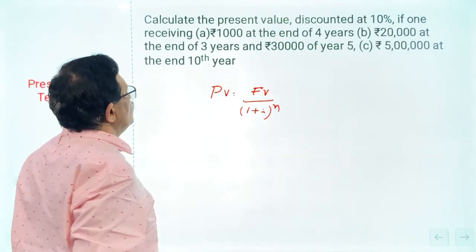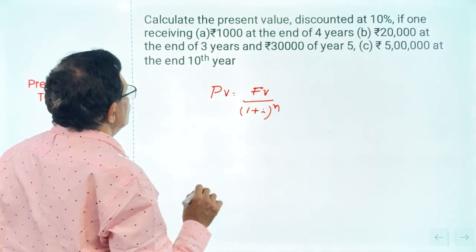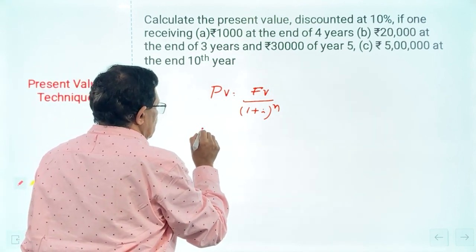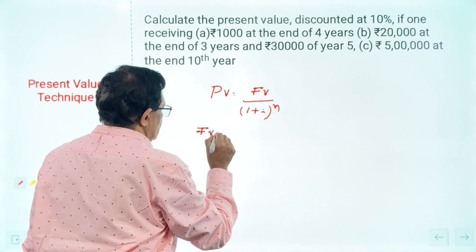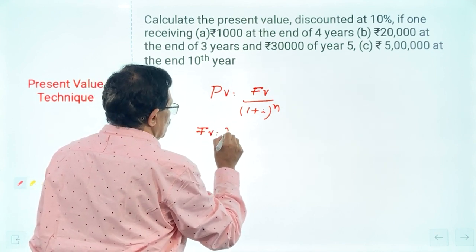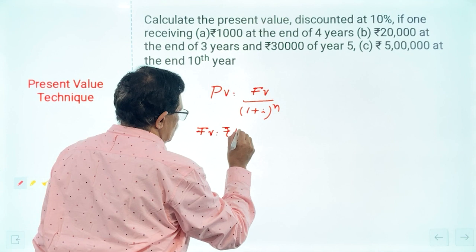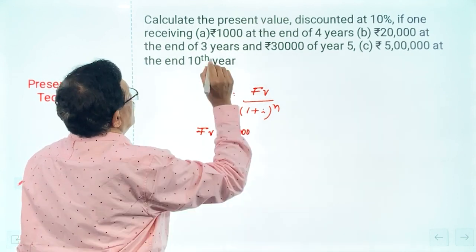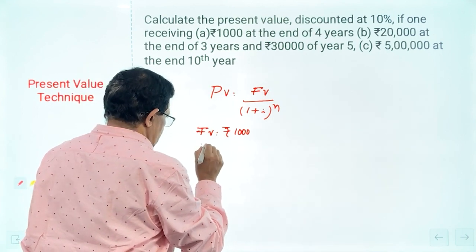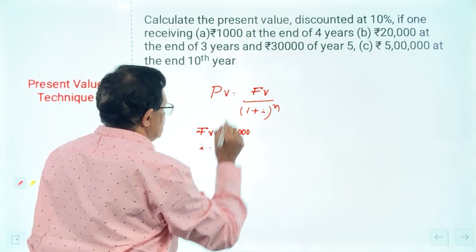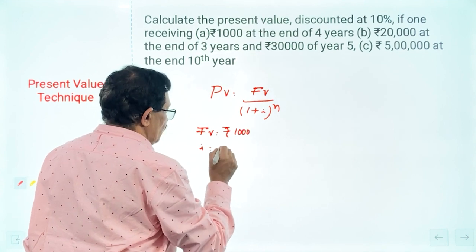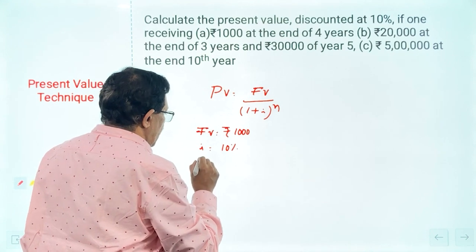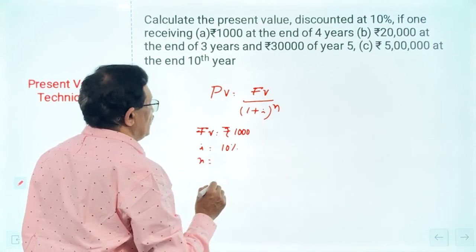In the first bit, we know that the future value is equivalent to rupees 1000, and the i, that is interest, which is our discount factor, is 10%, and n given in the problem is 4 years.